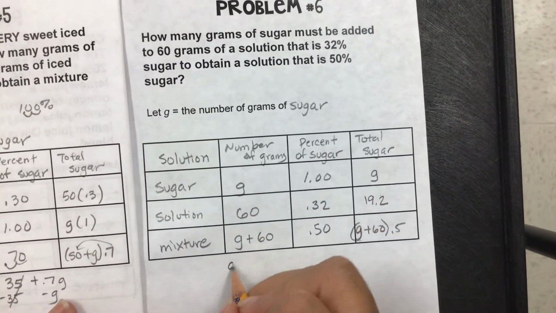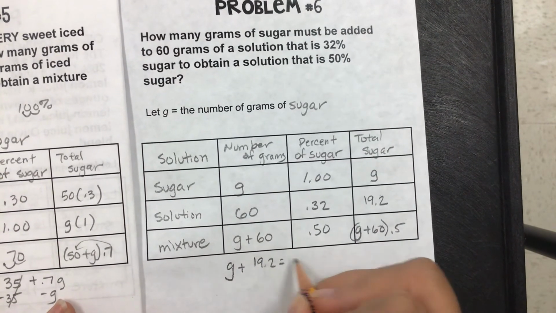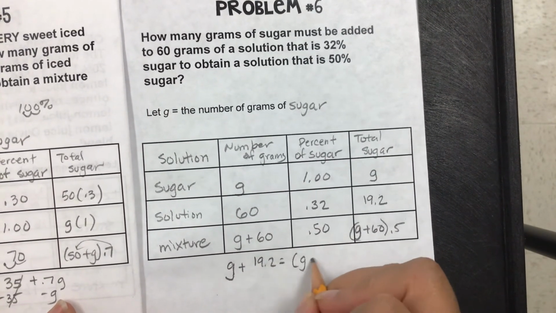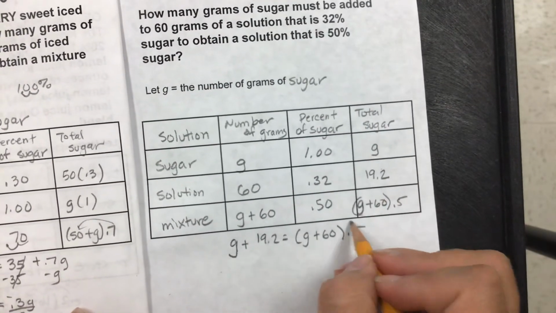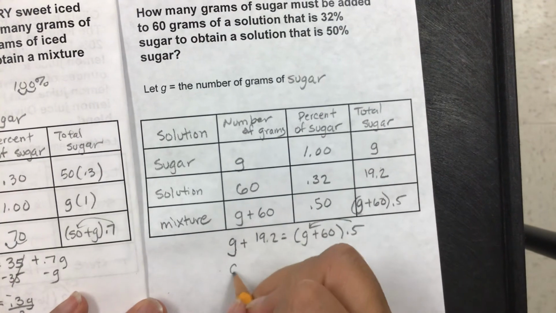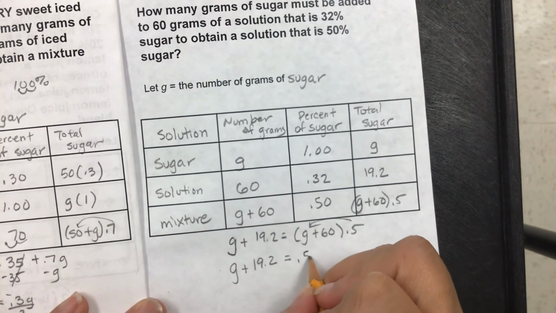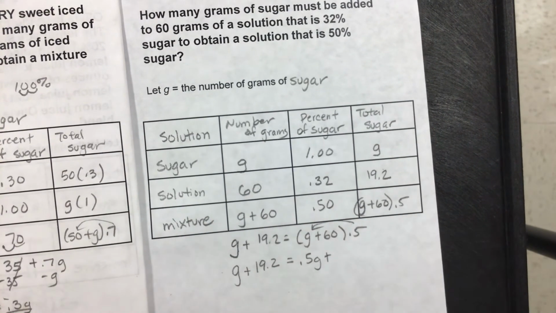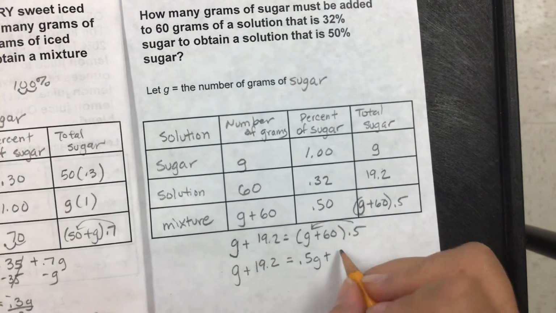So G plus 19.2 is equal to G plus 60 times 0.5. Going to distribute out that 0.5. G plus 19.2 is equal to 0.5G plus 60 times 0.5, which is 30.